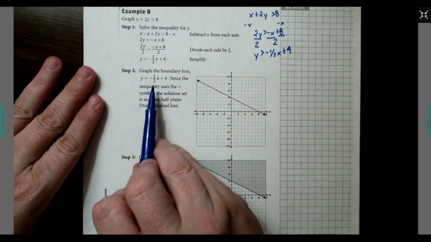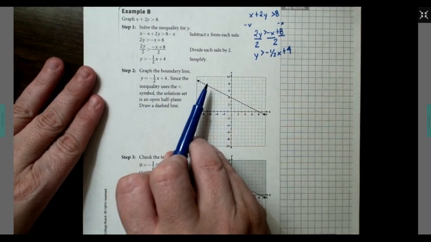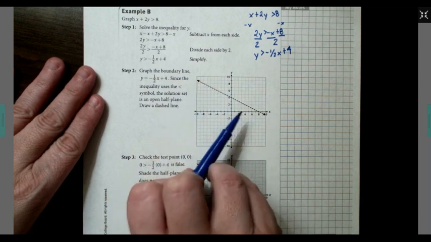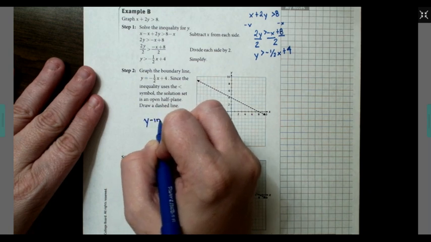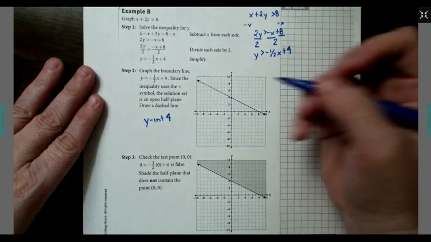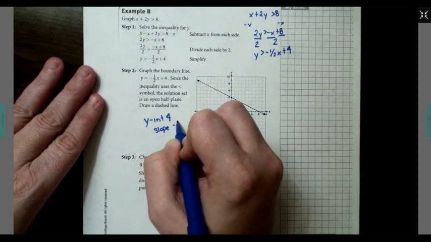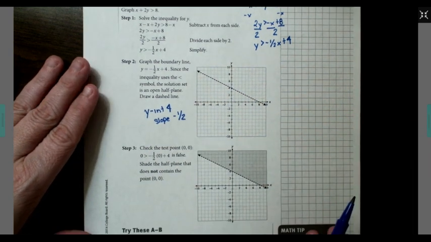So they graphed the boundary line as if it was an equal to, but notice because it did not contain the equal to, they made this line dashed. They used the y-intercept of 4, that's right here, and then a slope of negative 1 over 2 to create that line.